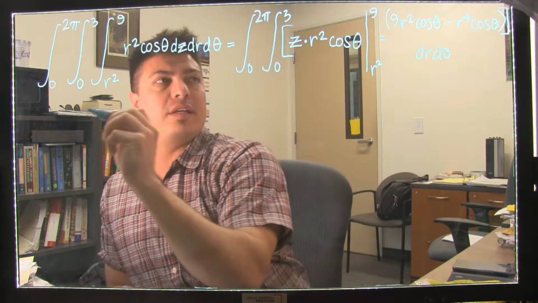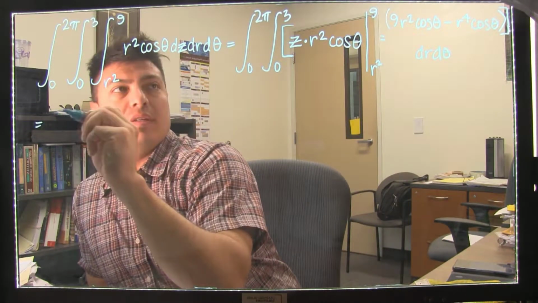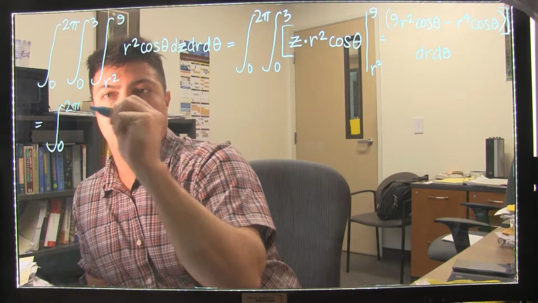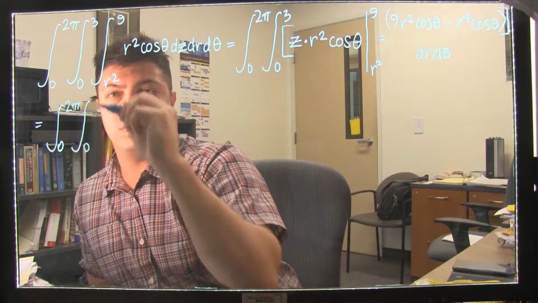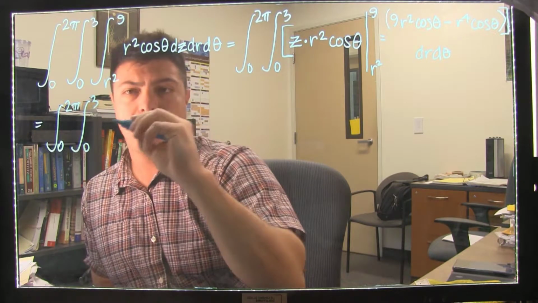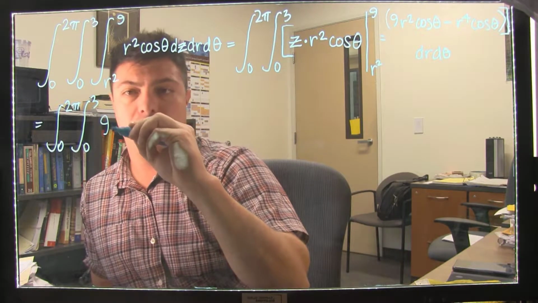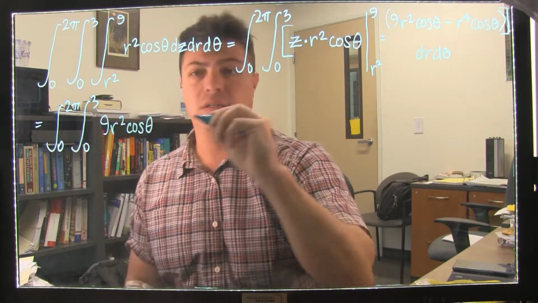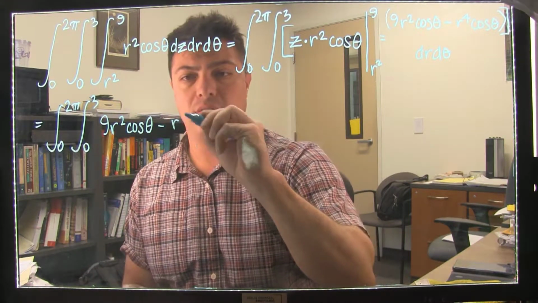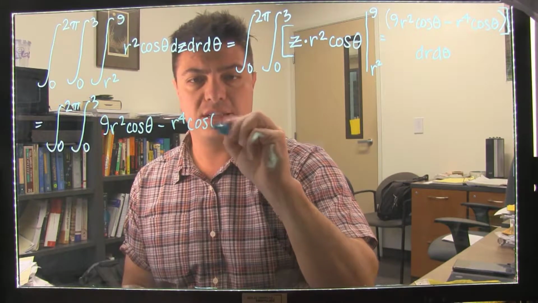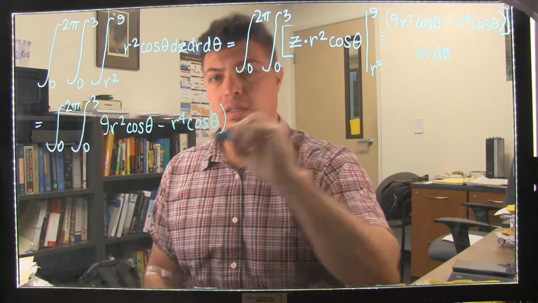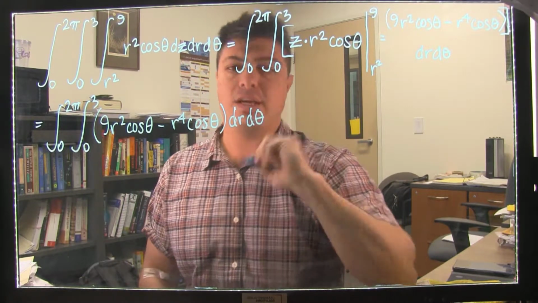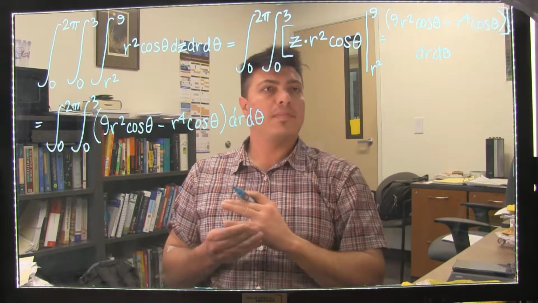So let's rewrite that again just to make it neater. So we're left with 0 to 2 pi, 0 to 3, 9 r squared cosine theta minus r to the 4th cosine theta dr d theta. Okay.